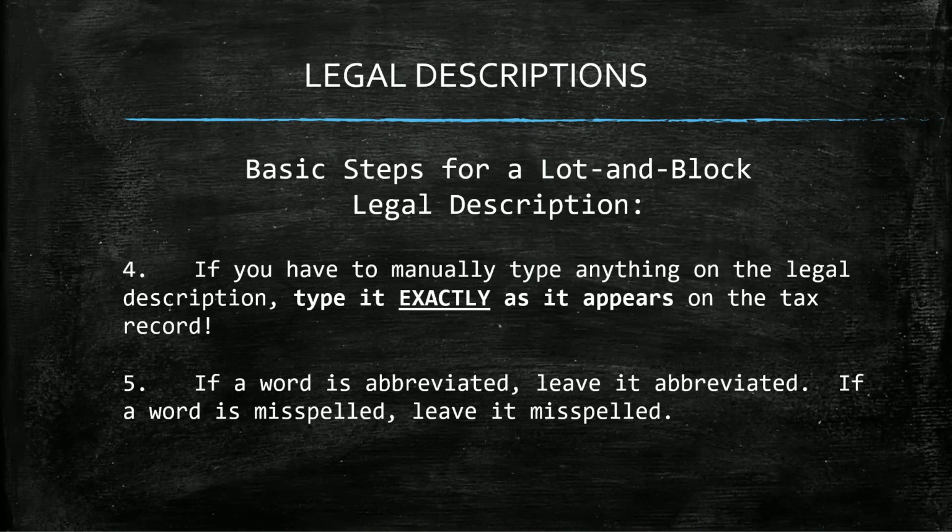If a word is misspelled in the legal description, leave it misspelled. That's hard for me. I don't know about you, but you have to leave it misspelled. The information that we enter into the 1-to-4 contract has to match exactly with the county tax records so that they know which piece of property is being sold.